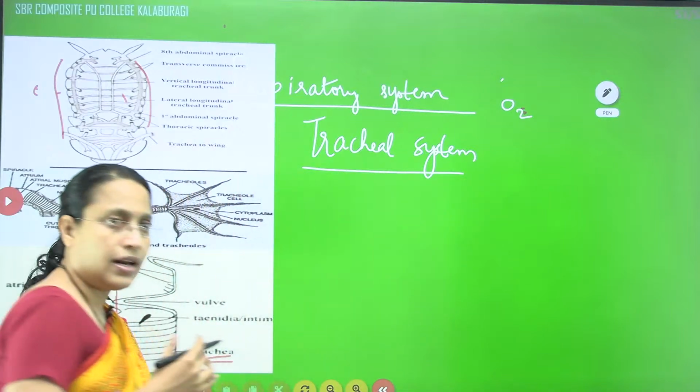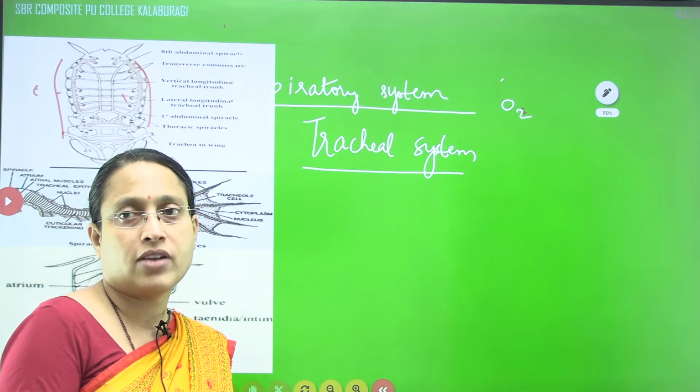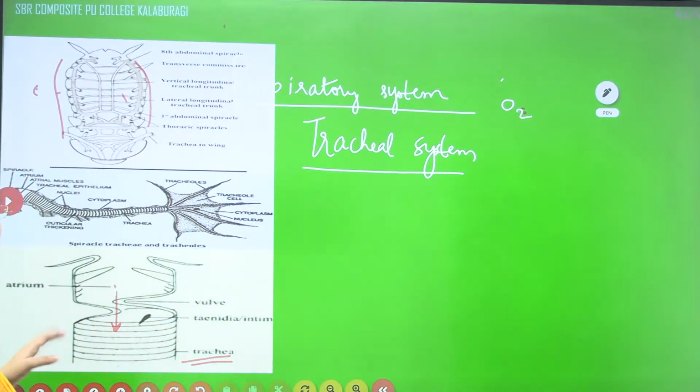As I already told, the components are spiracles, trachea, and tracheoles.